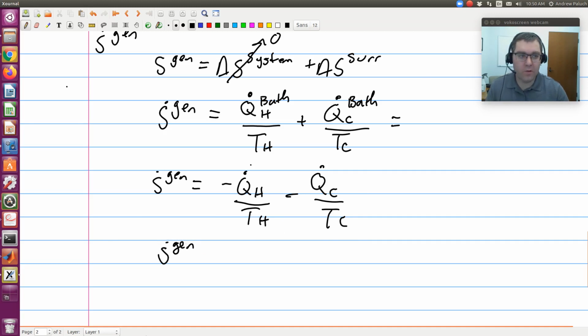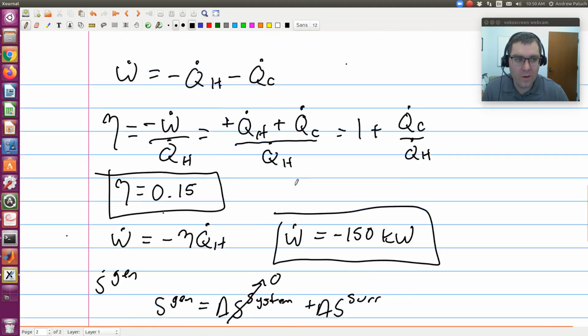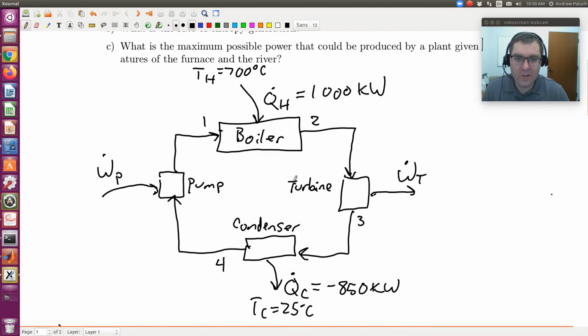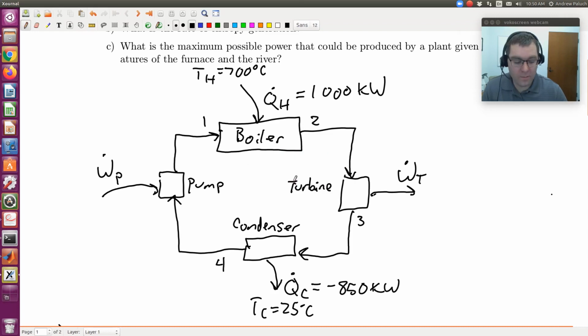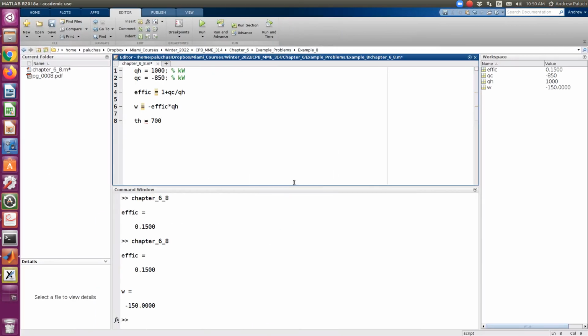So computing, we have QH and QC already over in MATLAB. We need TH and TC. TH is going to be equal to 700 degrees C, and I'm going to add to it 273.15 to get that in Kelvin.